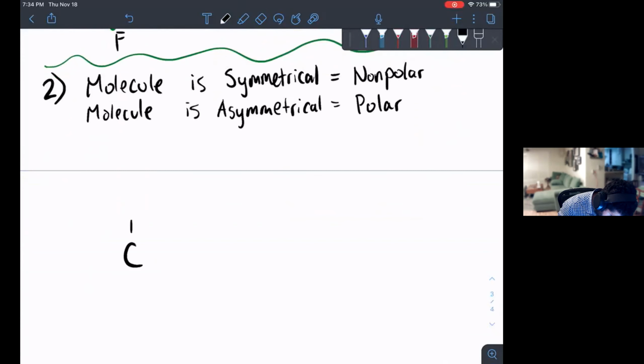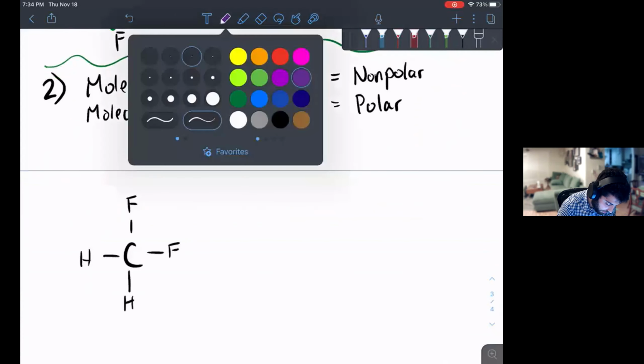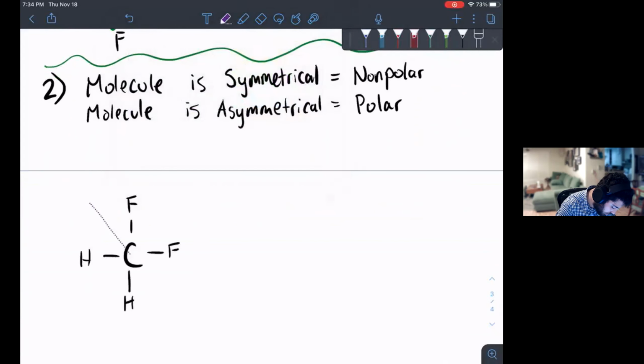If we look at carbon, fluorine, fluorine, hydrogen, hydrogen, and I go ahead and draw a line through the middle, both sides are different. This is asymmetrical. Therefore, it's going to be polar.